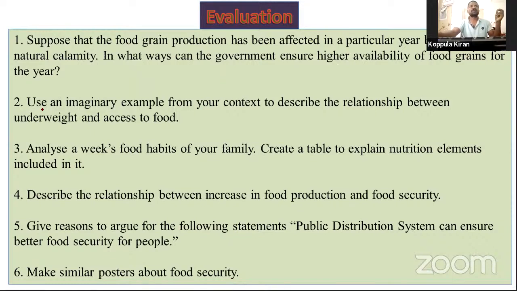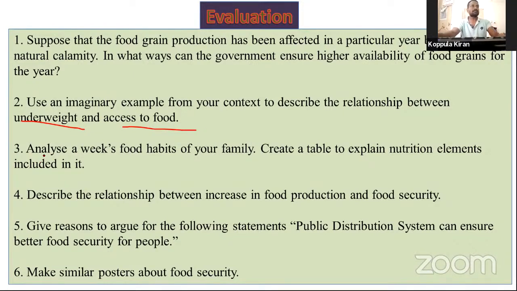Second one is, use an imaginary example from your context to describe the relationship between underweight and access to food. Underweight we have discussed just now. Access to food means they are able to buy food grains.